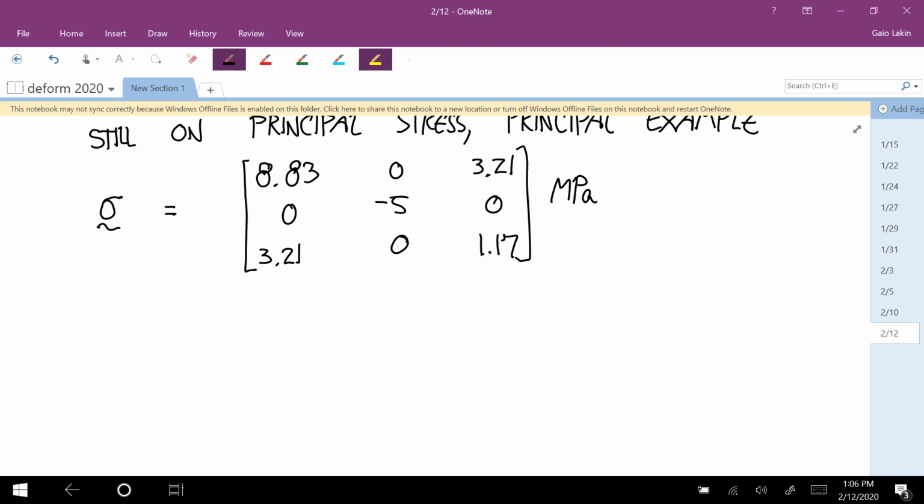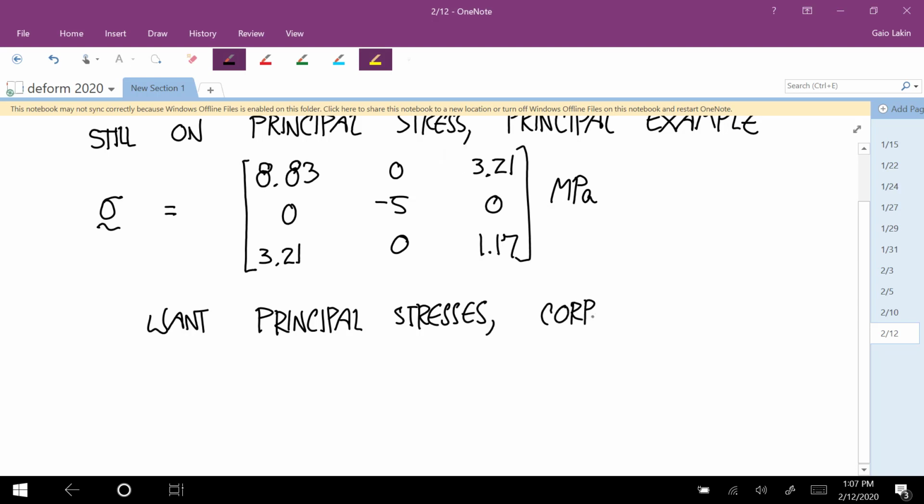And we want the principal stresses, the corresponding coordinate system, and the maximum shear stress.